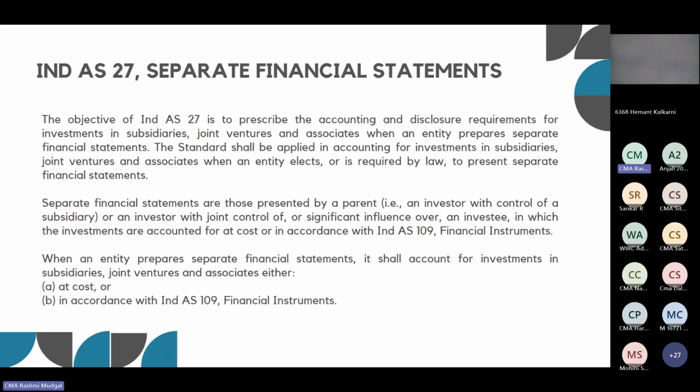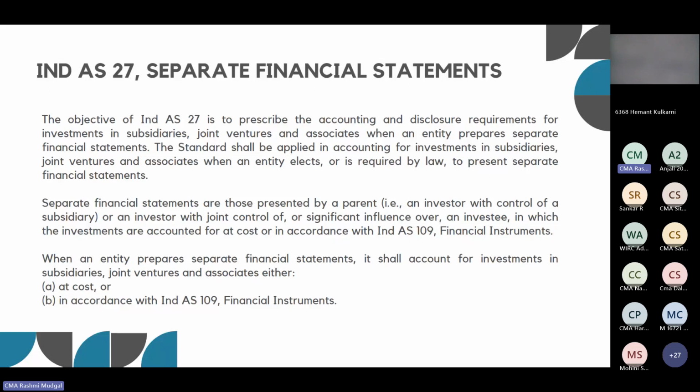So you are going for the cost, because we take the cost that I have paid: this much amount, and it is the cost. And there is a standard, Ind AS 109, which tells us about financial instruments.